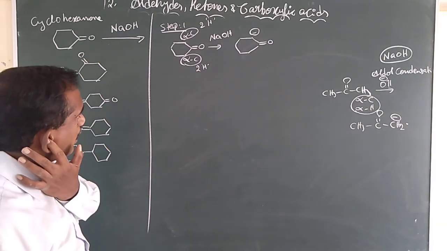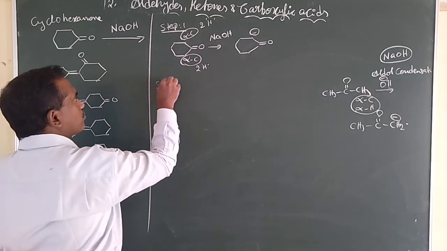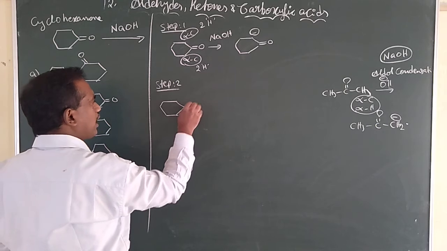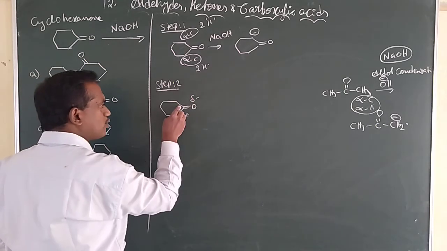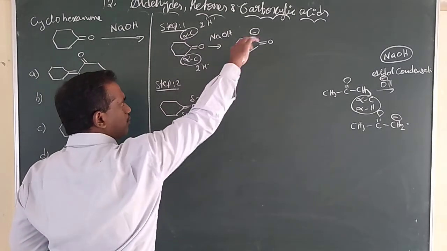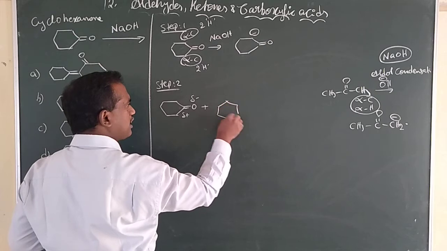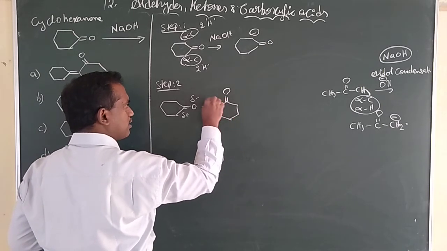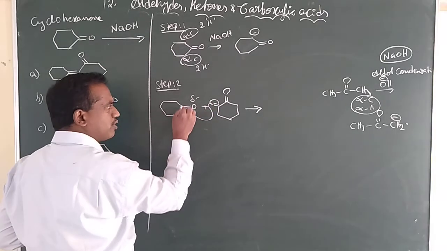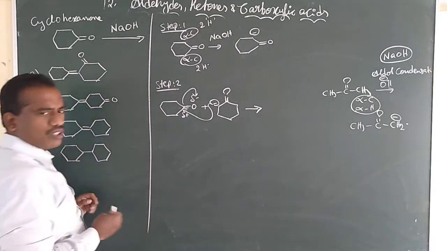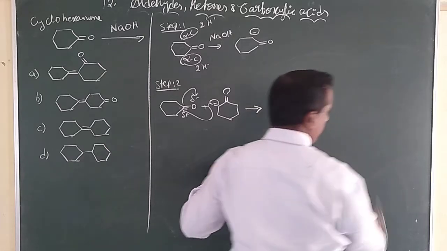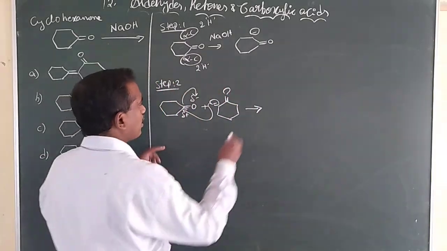Now after formation of the carbanion, under step 2, another reactant is there, with a partial positive charge on carbon and a partial negative charge on oxygen. I am tilting it to this side for convenience. This carbanion gives electrons to the partially positive carbon, and the pi bond shifts onto the oxygen.